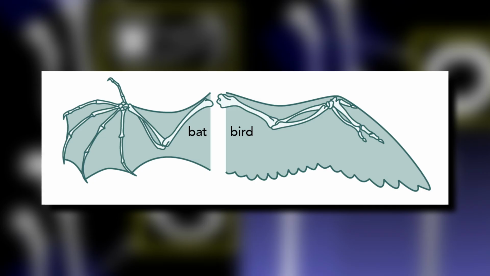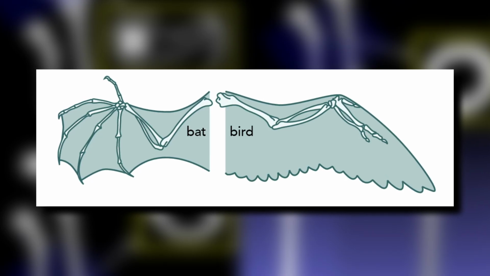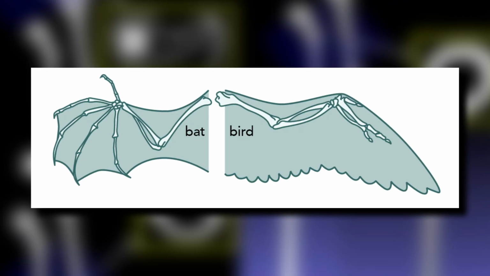On the other hand, sometimes these structures may perform the same function but have a different origin. For example, the wings of a bat and the wings of a bird. The wings of the bat are used for flying and the wings of the bird are used for flying. These are two structures which perform the same function, but they do not have the same origin.